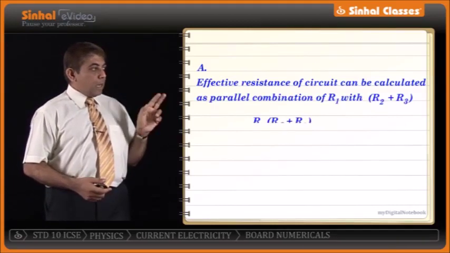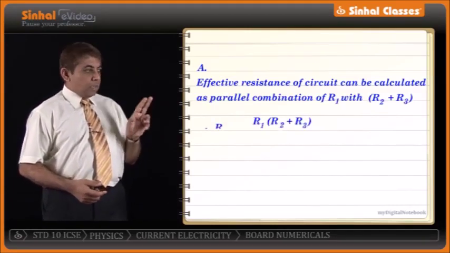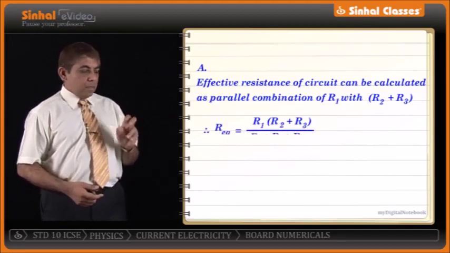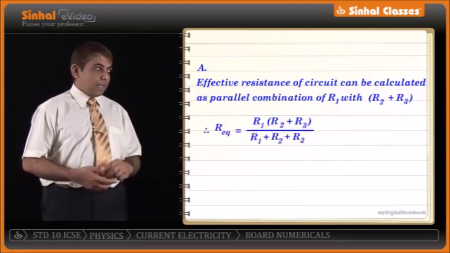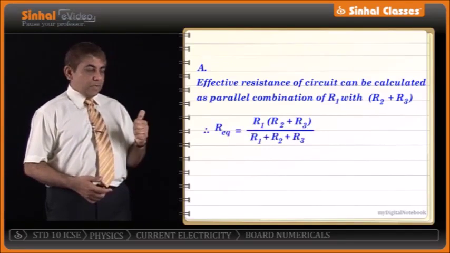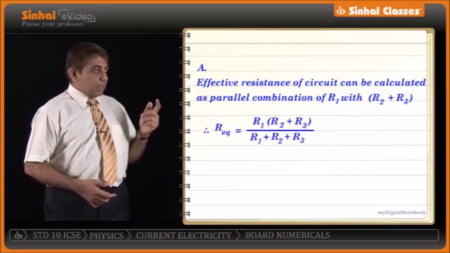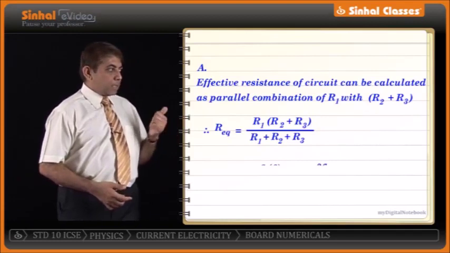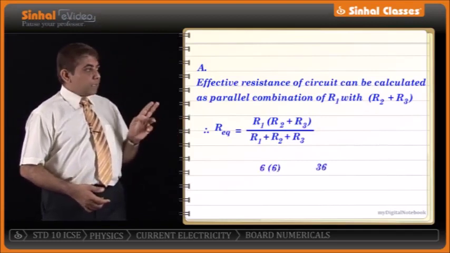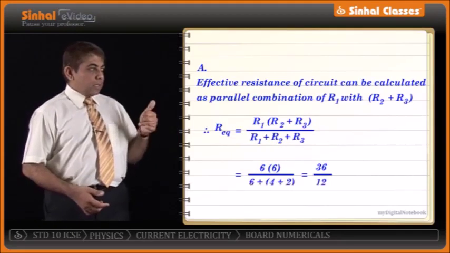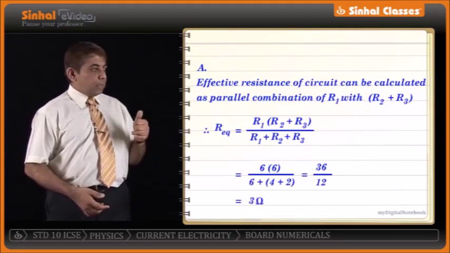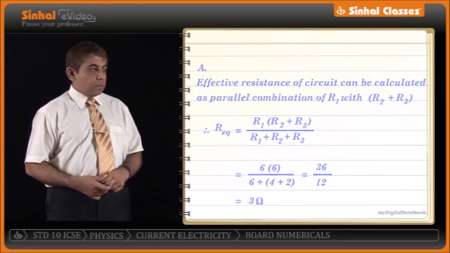That becomes R1 into (R2 plus R3) divided by R1 plus R2 plus R3. If I substitute the values, I get 6 multiplied by 6 divided by 6 plus 4 plus 2, which is 36 upon 12, that is 3 ohms.